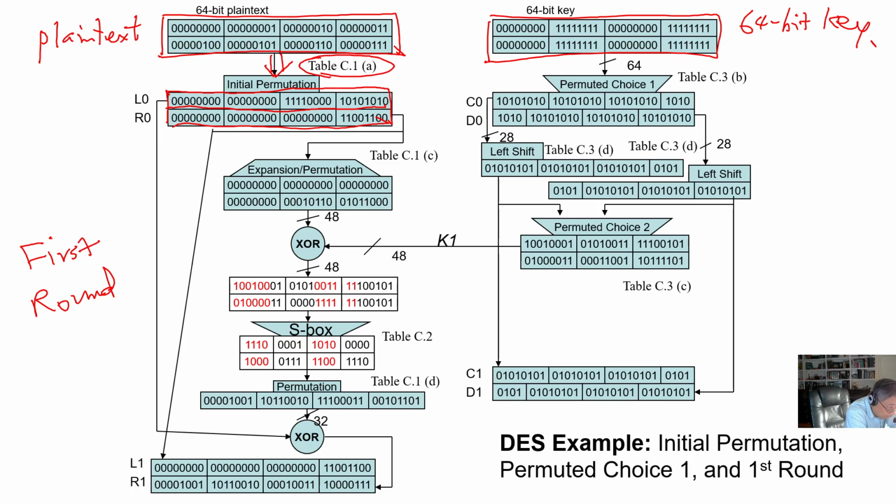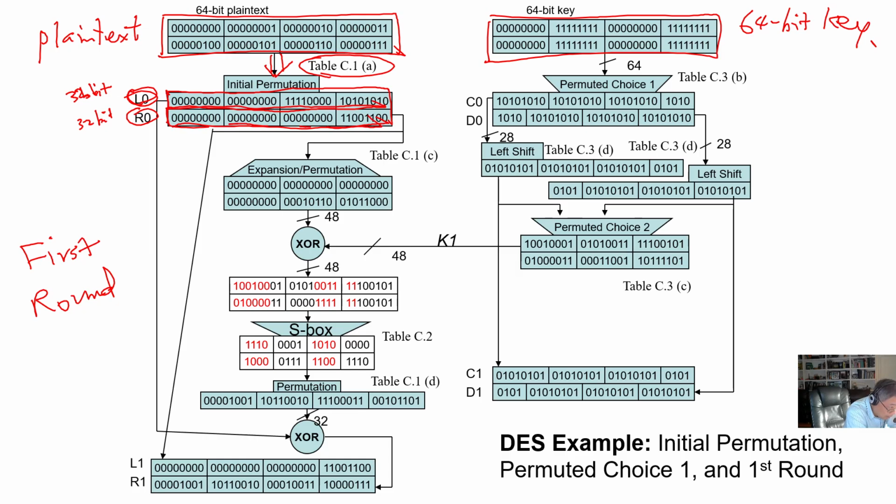The first half of the 64 bits, which is 32 bits, is called L0, and the second half, 32 bits, is R0. That's the left side and that's the right side.